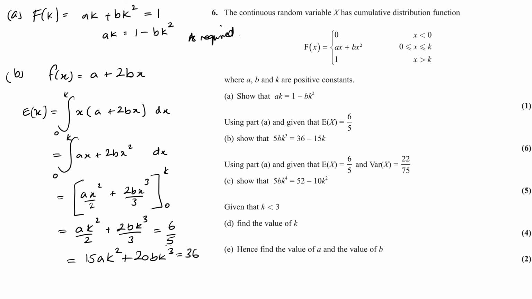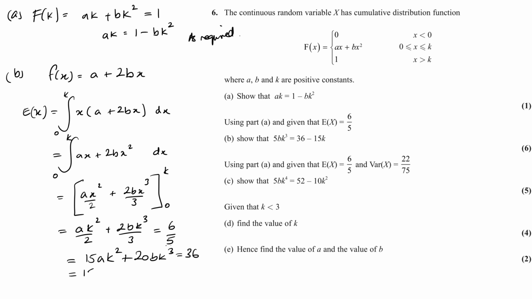So 36, the 15, but I'm wrong with the 20. Oh no, there's no a. Oh sorry, there's no a in this, is there? So I've got to substitute in from our first one. So we had ak, if we look at the first one.